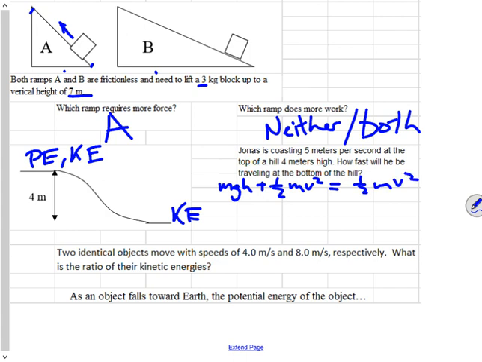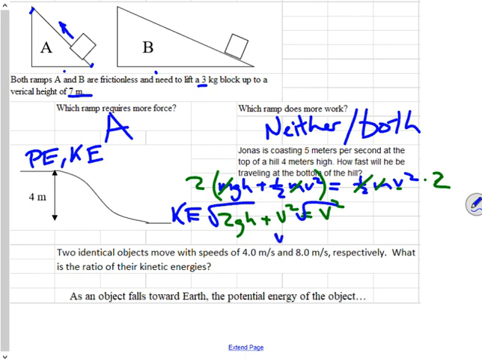Right away, we can cancel out the masses. Even if we don't know his mass, it doesn't matter because there's a mass in everything, so all those masses cancel out. We are looking for the velocity here. We can multiply both sides by 2. And we end up with 2gh plus v squared is equal to v squared, square root both sides.